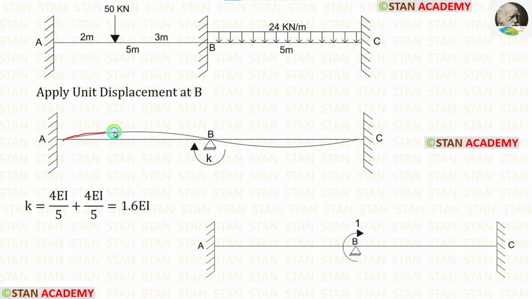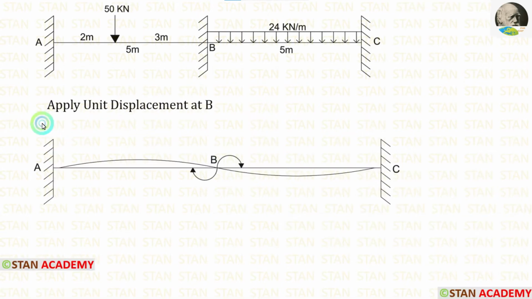Now let us see how to draw this curve. We are applying unit displacement in the point B. The point B is a joint. It is connecting two spans. So from the joint B, we have to make two clockwise curves, one towards the point A and one towards the point C. Now we have to check the direction of the curves.